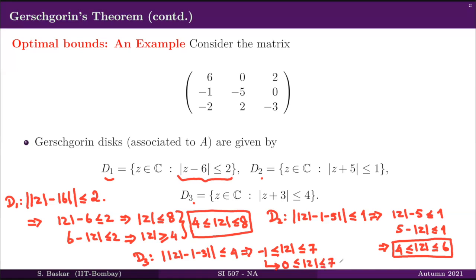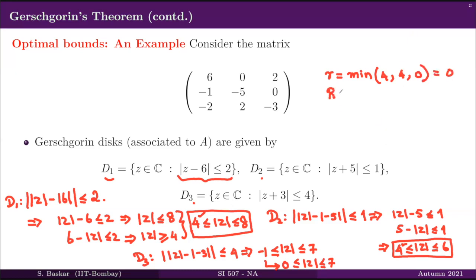Now we can go on to define our annular region where the lower bound, small r, is taken as the minimum of all the lower bounds, that is 4 from D2 and minus 1 from D3, which we take as 0, and that gives us 0.